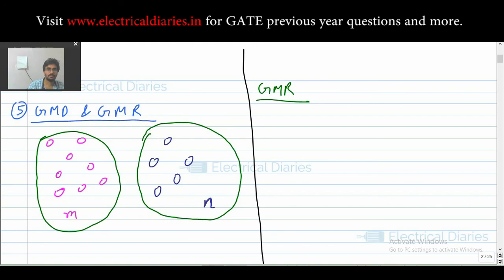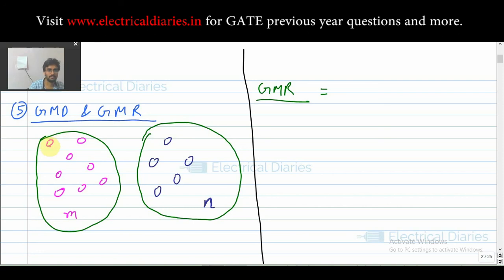If there are 2, 3 or more sets of conductors given to you, then GMR means that you have to focus on one set. So what will be the GMR? Just listen to me carefully and try to get the feel of what I am trying to say.